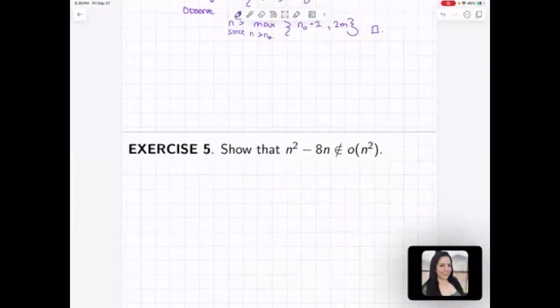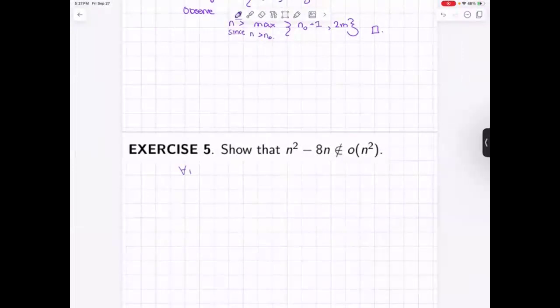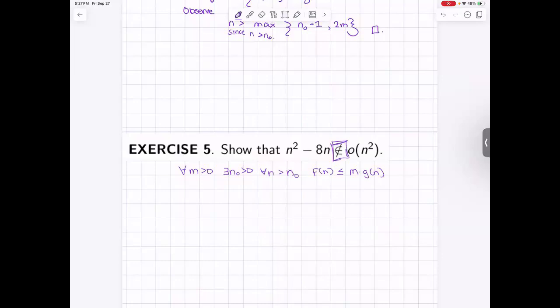If you don't remember what little o of n squared actually means, we're saying that for all m greater than 0, there exists an n naught greater than 0, that for all n greater than n naught, f of n is going to be less than or equal to m times g of n. But we are trying to show it is not in the set, so we do some flipping here, and we're going to end up with finding an m.